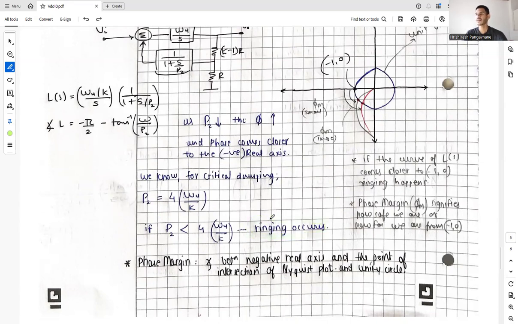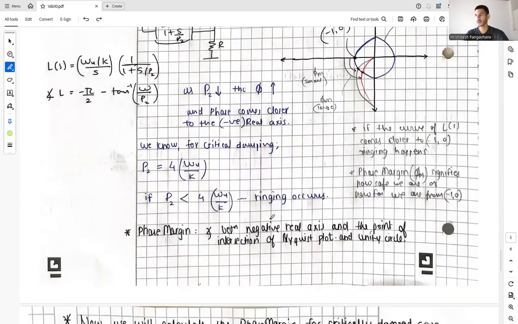So I think I have made a nice effort to explain the definition of phase margin. Basically it signifies how safe we are, or how far we are from (-1, 0), and how nicely we are able to avoid ringing.